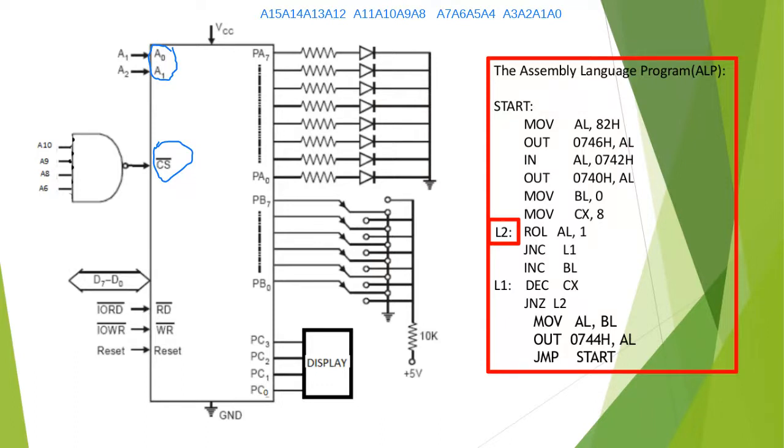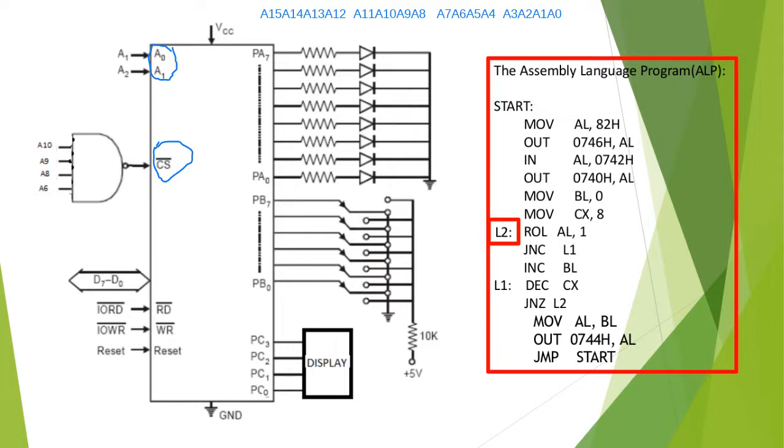So A10 is one of the inputs, so definitely it must be 1. A9 is also one of the inputs of the NAND gate, so it must be 1. And A8 is also 1. A7 is not used here, so A7 is don't care.